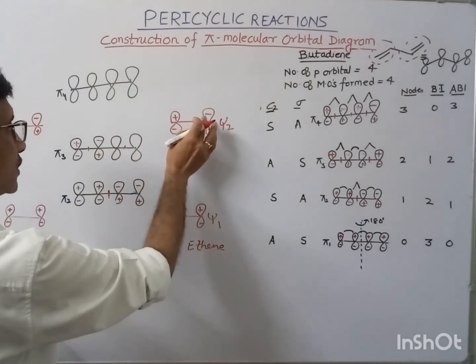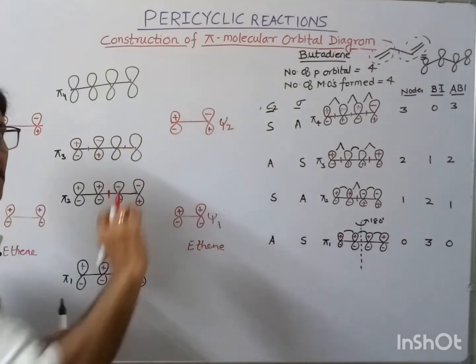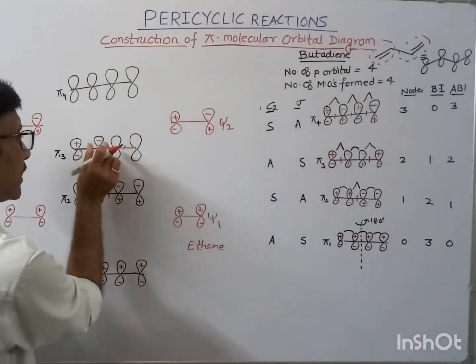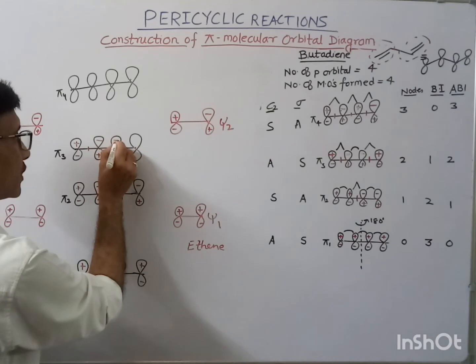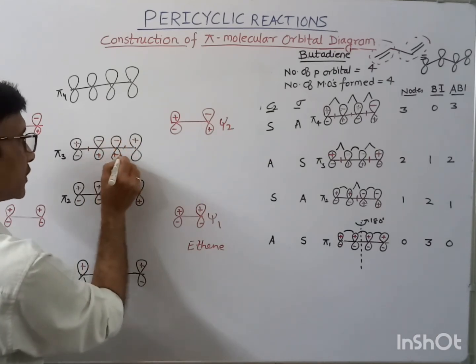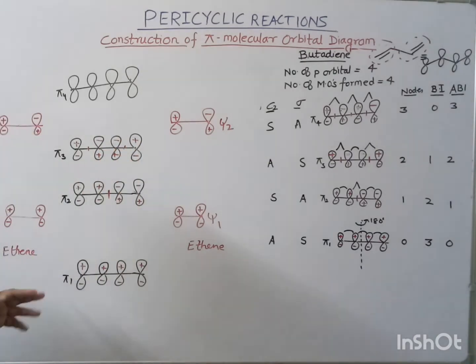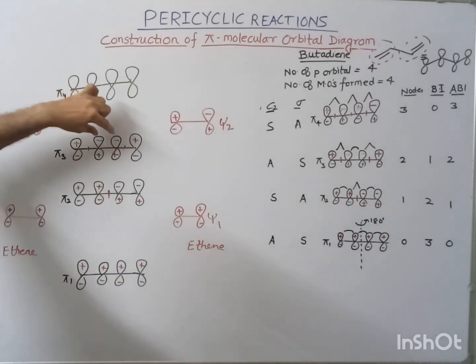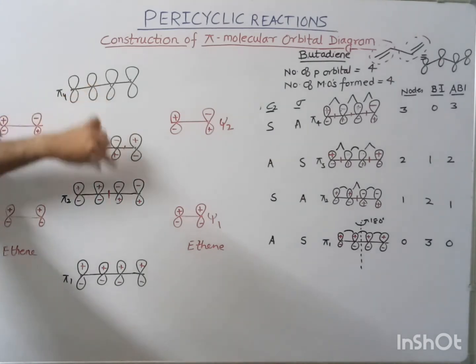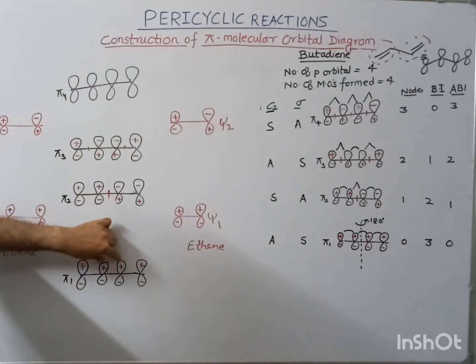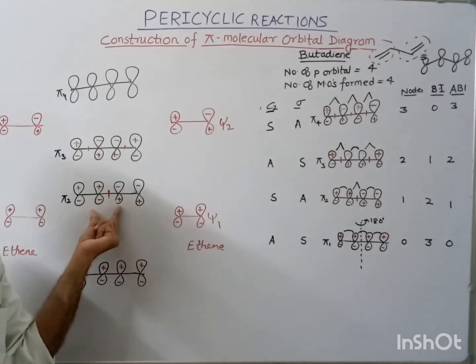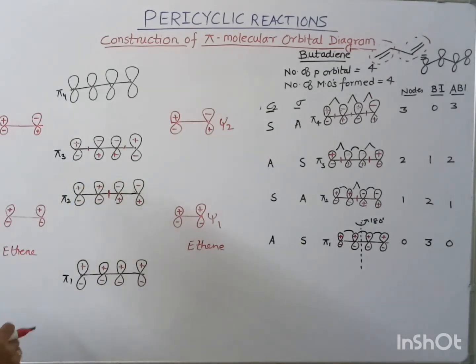This should be in a destructive way, so that minus, minus comes over here: minus, plus, plus, minus. In the constructive way, you can see the middle orbitals have the same sign. In the destructive manner, the middle orbitals have different signs, plus, minus.